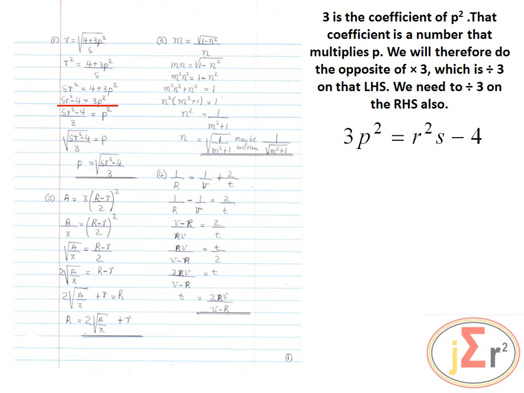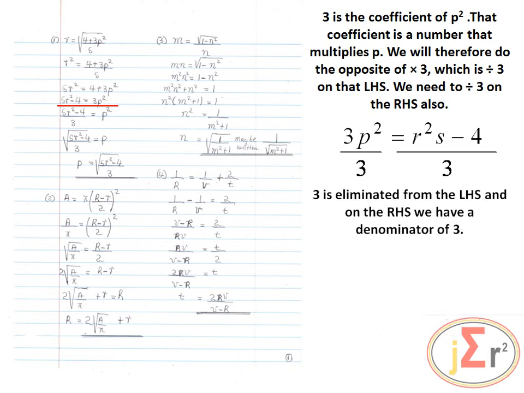And the opposite of multiplying by 3 is dividing by 3. So we will actually divide by 3 on the left hand side, and in order to keep the equation balanced, we will divide by 3 on the right hand side also. By so doing, 3 will be eliminated from that left hand side, and on the right hand side we have a new denominator of 3.